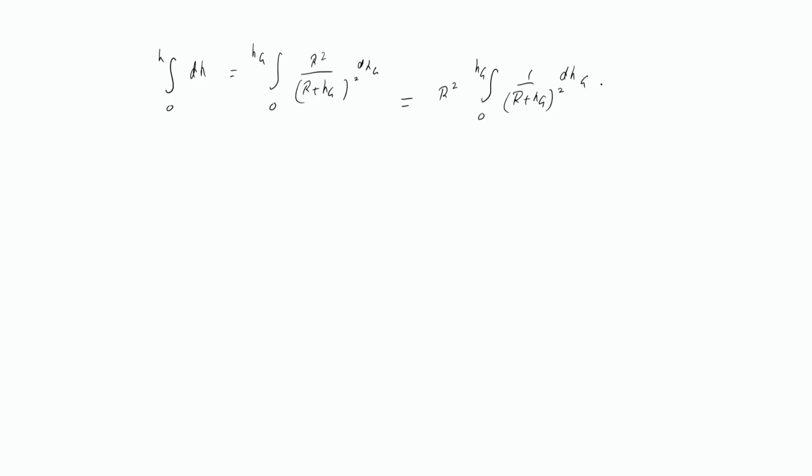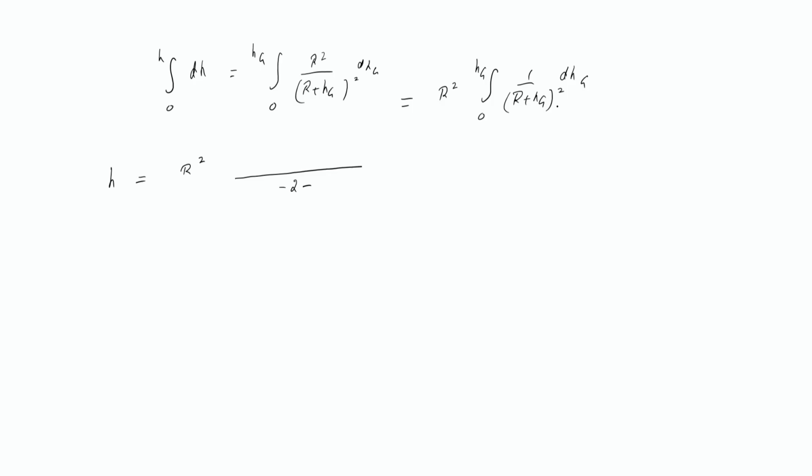Okay. Now I am expecting you to do integration over here. This is not that difficult, but let me do it for you. So this becomes h easily. Then we have r square. The integration variable is hg over here. So this is 1 by x, that is x power minus 2.